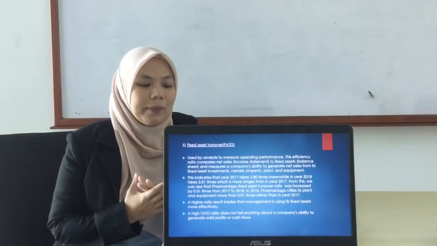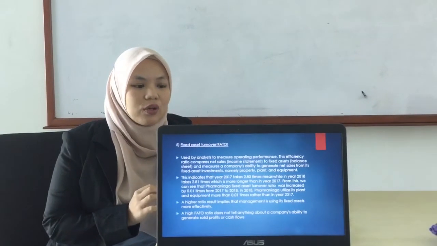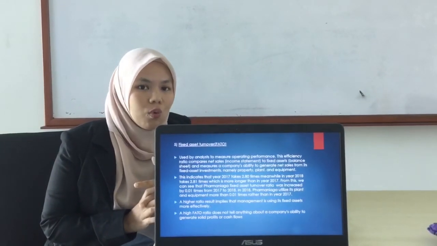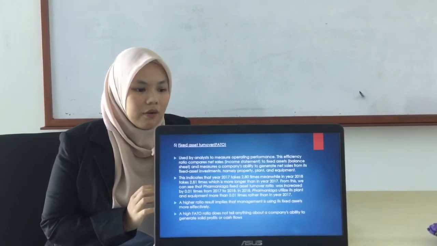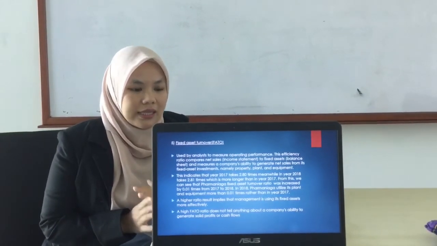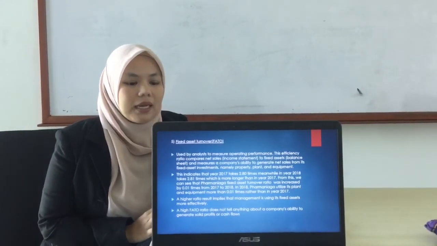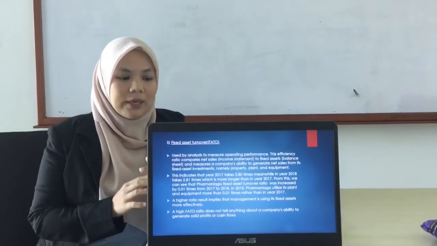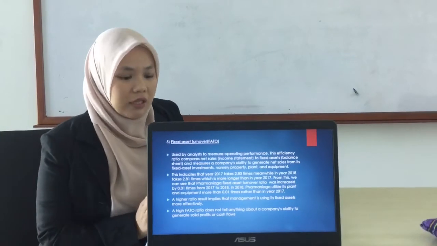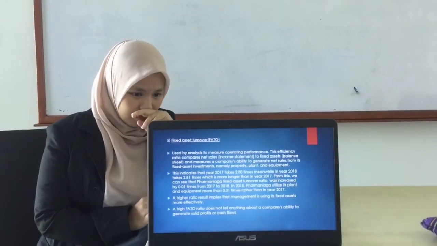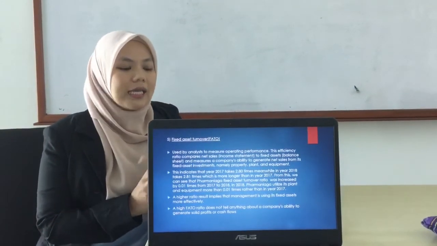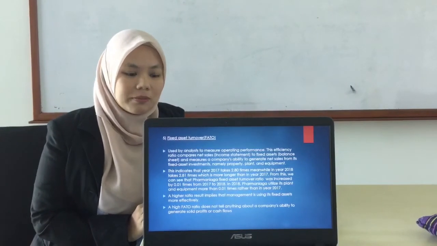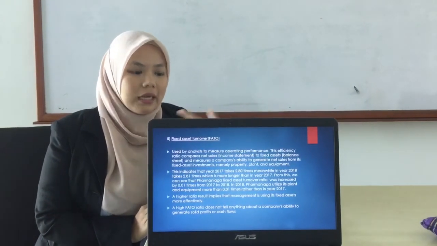From this, we can see that Pharmaniaga's fixed asset turnover ratio increased by 0.01 times from 2017 to 2018. In 2018, Pharmaniaga utilized its plant and equipment 0.01 times more than in 2017, which is more efficient. A higher ratio implies that management is using its fixed assets more effectively.